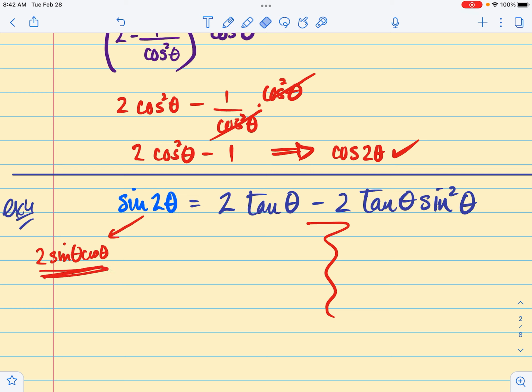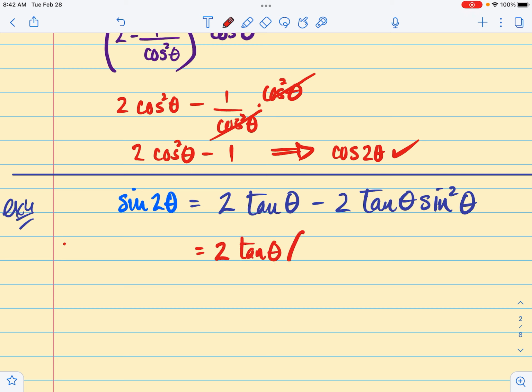And once I run into that, then I know I've proved it. All right. When I look at this right-hand side, I do see 2 as the GCF, and I also see tangent theta as the GCF. Once that's factored out, we are left with 1 minus sine squared theta.